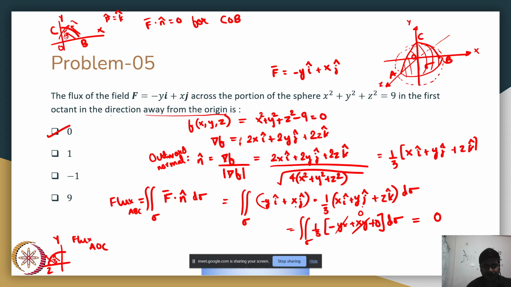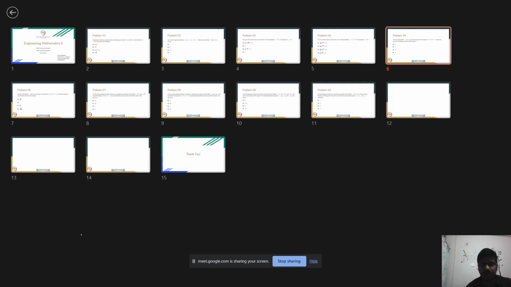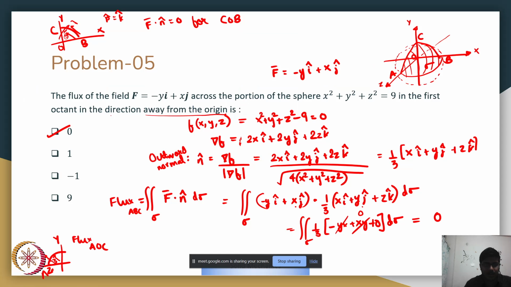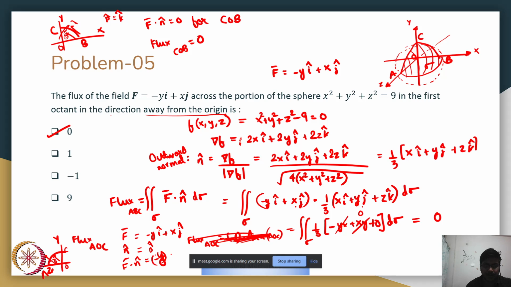If we look at the surface AOC, then my f is again minus y i hat plus x j hat, and my surface normal here is i hat minus 1 minus y.